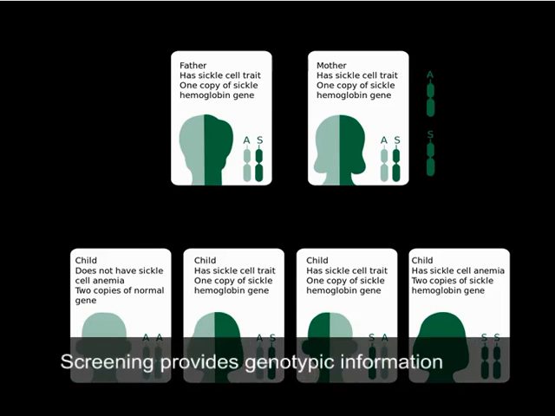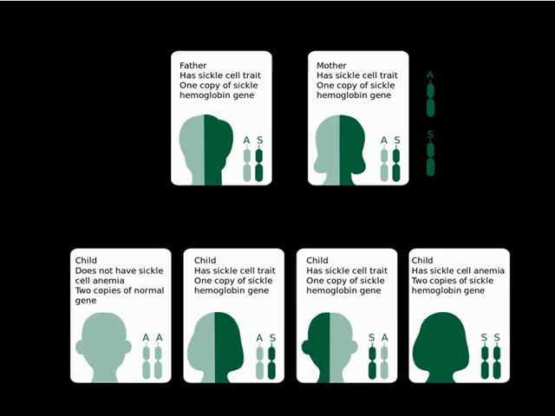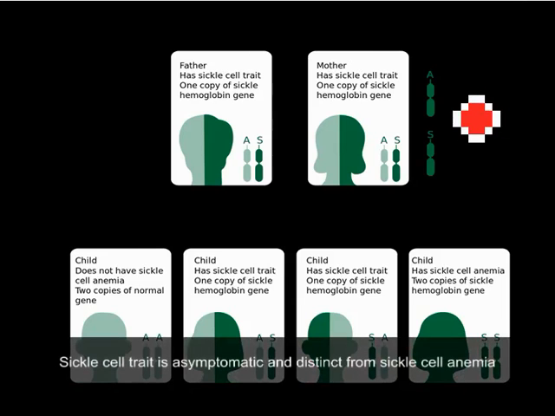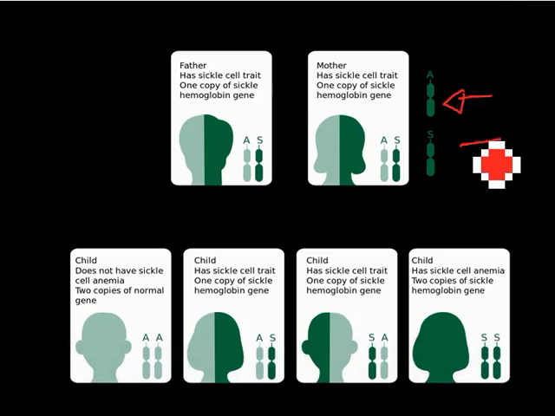Screening of the general population, which is now carried out in the UK and the US, provides us with a lot of important information about the genotype of individuals at risk. In this particular chart, we see that the parents have what's called sickle cell trait. They are heterozygous for the beta gene of hemoglobin. They have one normal allele and one sickled allele.